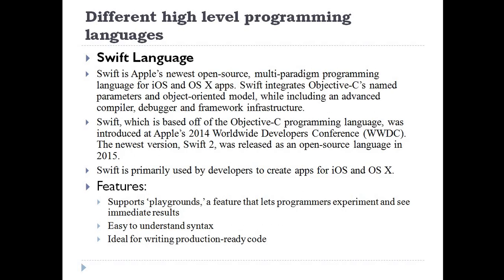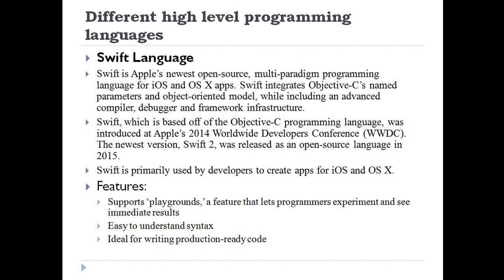Swift language. Swift is Apple's newest open source, multi-paradigm language for iOS and OS X apps. Swift integrates Objective-C's named parameters and its object-oriented model. It is a combination of both C and object-oriented while including an advanced compiler, debugger and framework. Swift, which is based on the Objective-C programming language, was introduced at Apple's 2014 Worldwide Developers Conference.